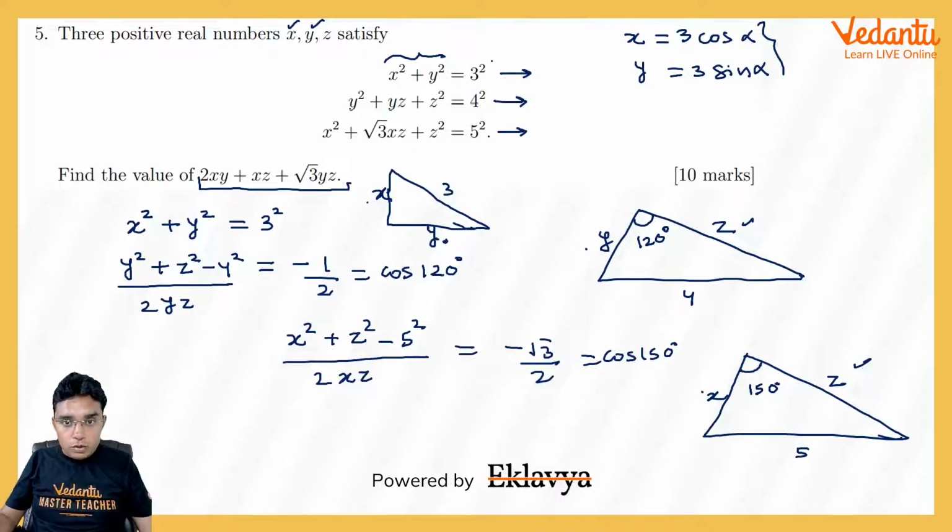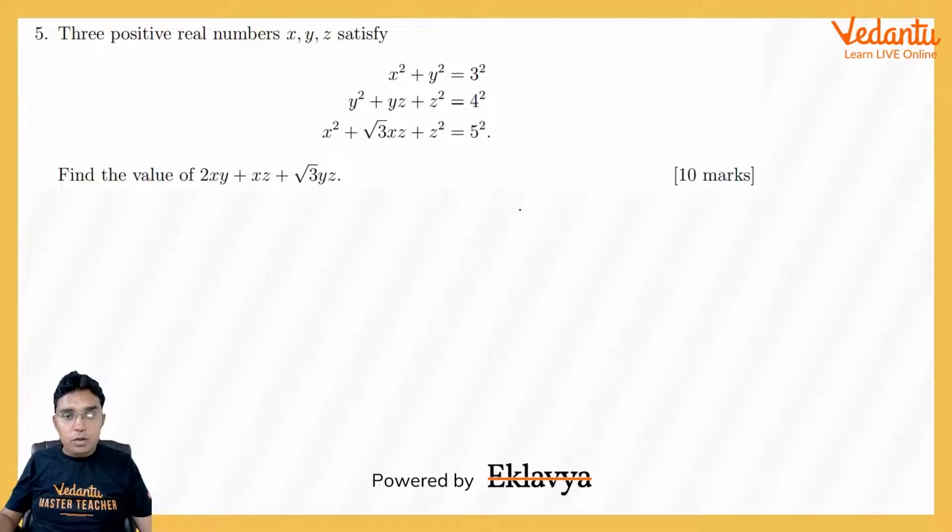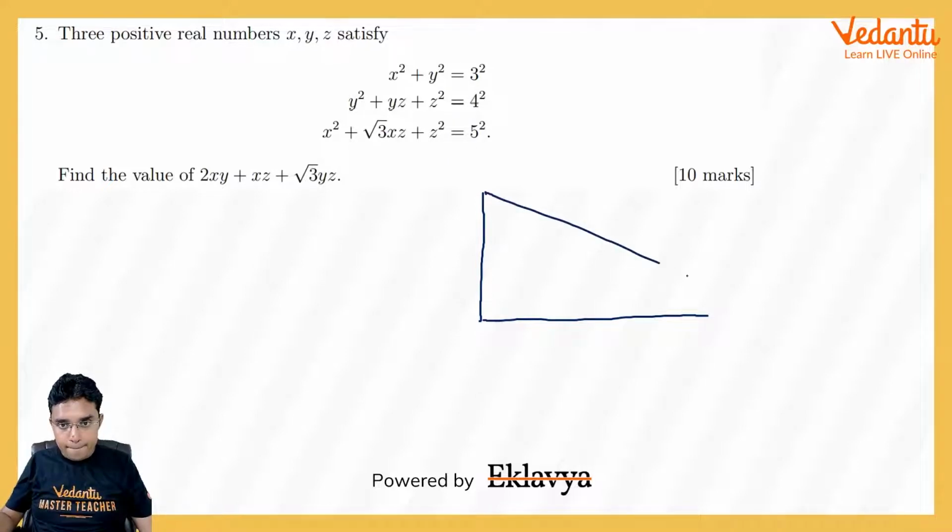Okay, and also the right hand sides here are 3 square, 4 square, 5 square, which reminds us of a Pythagorean triplet. So to make use of this, let us make a right angle first whose sides are 3, 4 and 5.